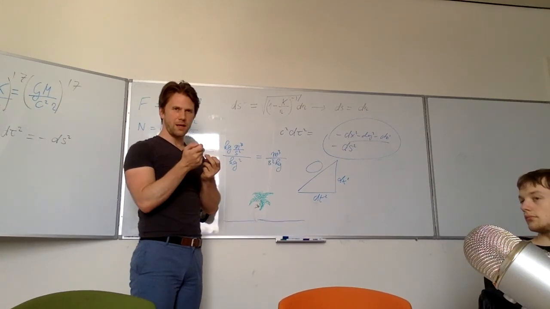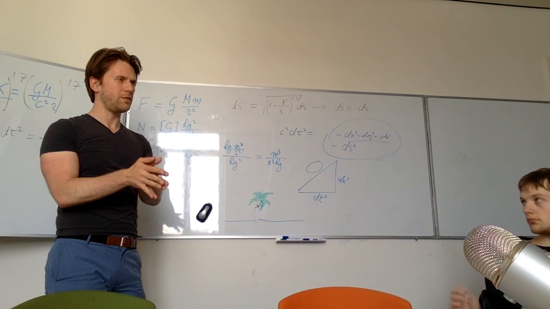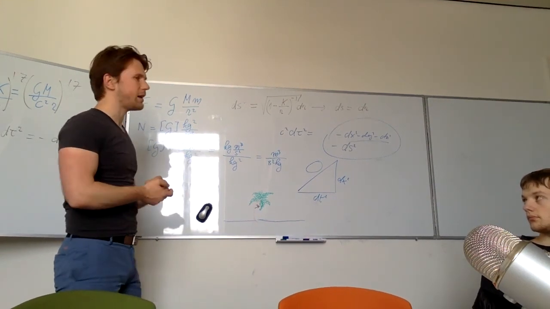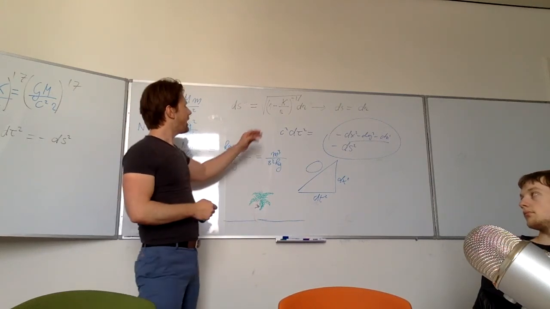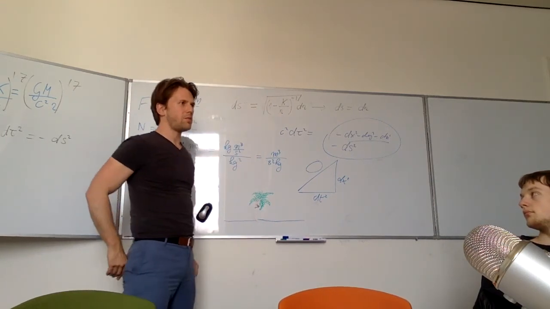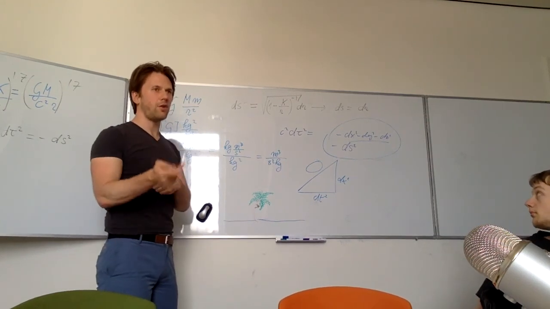In the time case, if you know dt, the amount of time that is measured by a person infinitely far away, you can calculate how much time somebody else has measured by some factor like this. We wrote it down a couple of days ago. Gravitational time dilation. We now have gravitational Lorentz contraction.